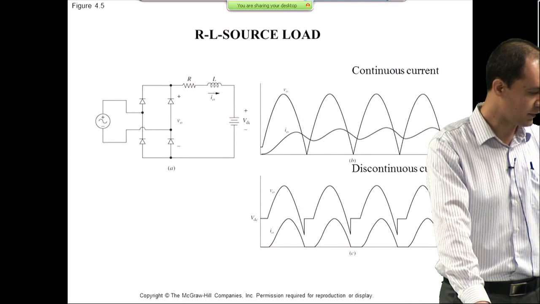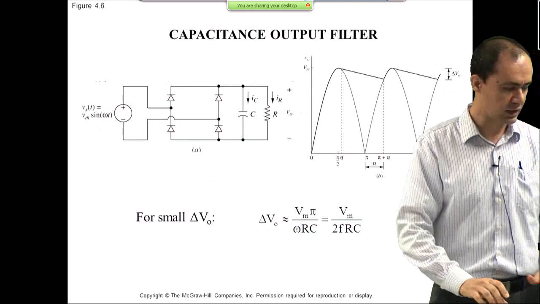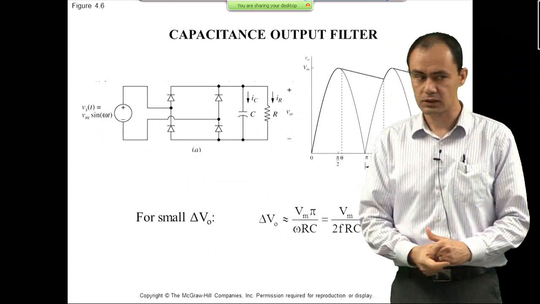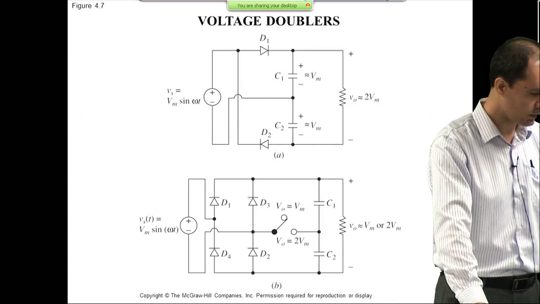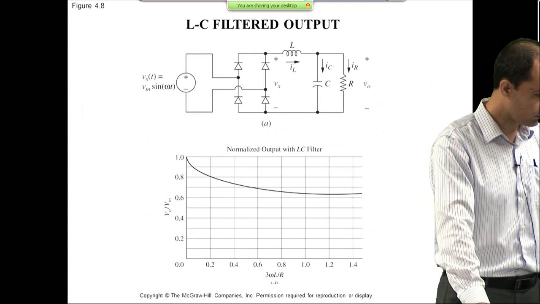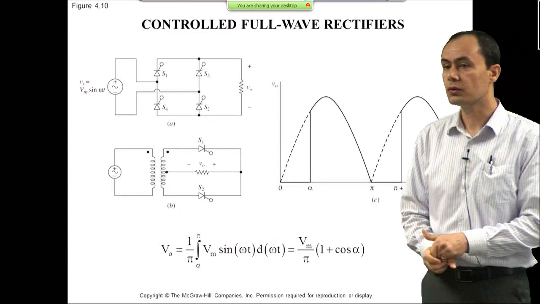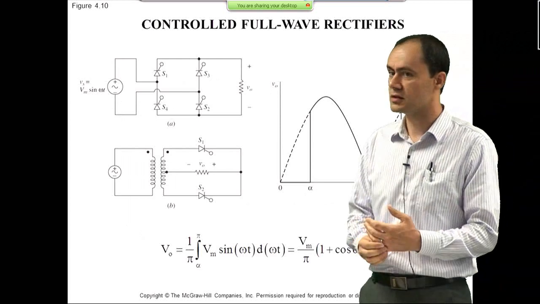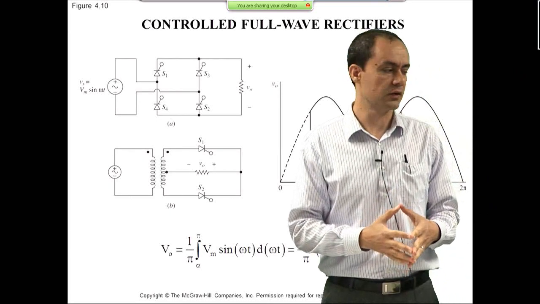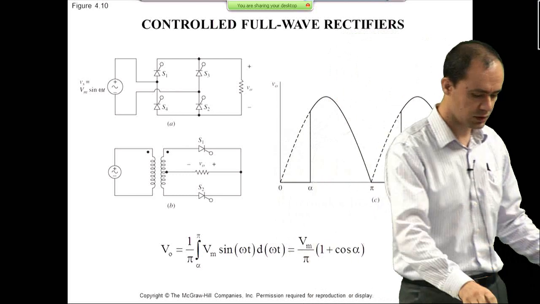And then we looked at a case, what if we have a capacitor placed in parallel with the resistive load? And then we looked at a controlled full wave rectifier, meaning that instead of the diodes, we are replacing them with SCRs.